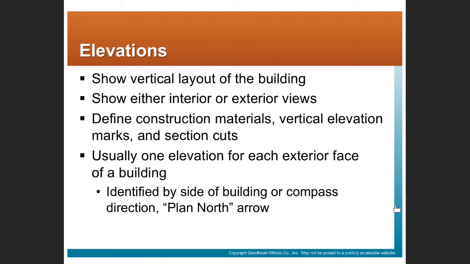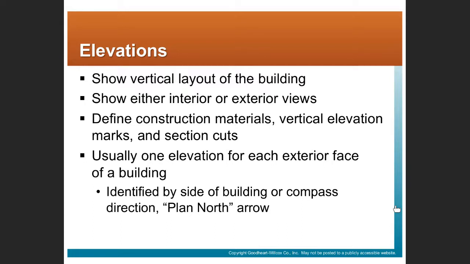Typically on the exterior of the building, we're going to have an elevation for each exterior face. It could be 4, one for each side of the building. If we have interiors or courtyards, you might have more than 4 exterior elevations.